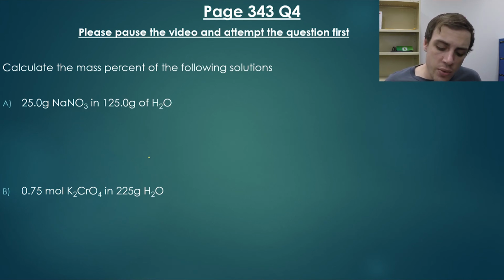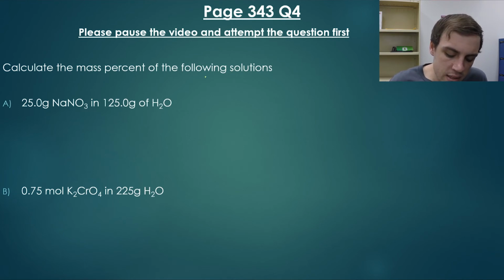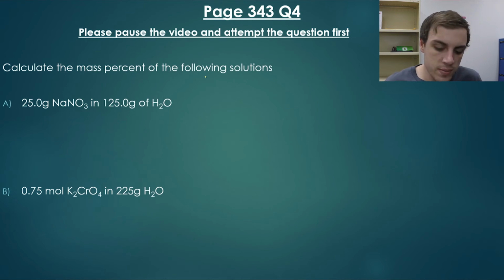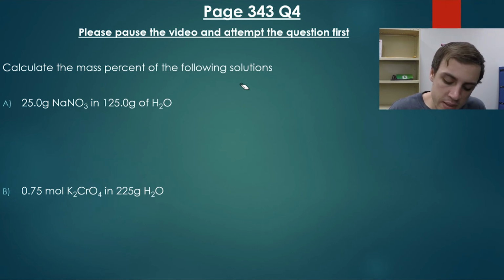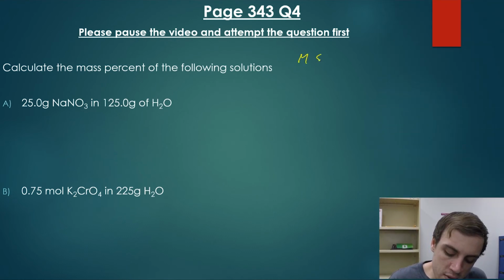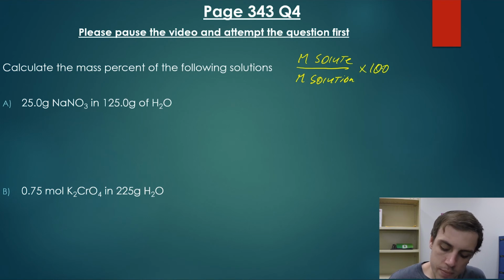That is page 343, question 4. So the question says, calculate the mass percent of the following solutions. So the mass percent is the mass of the solute over the mass of the solution times 100.